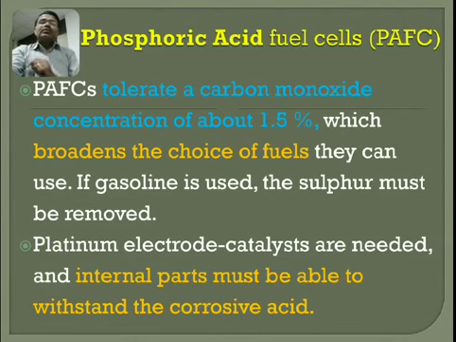Care should be taken in this type of fuel cell that the internal parts and electrode material should be corrosion free, or should withstand corrosive media, because phosphoric acid is a corrosive liquid, and the electrode material should withstand highly corrosive acid conditions.